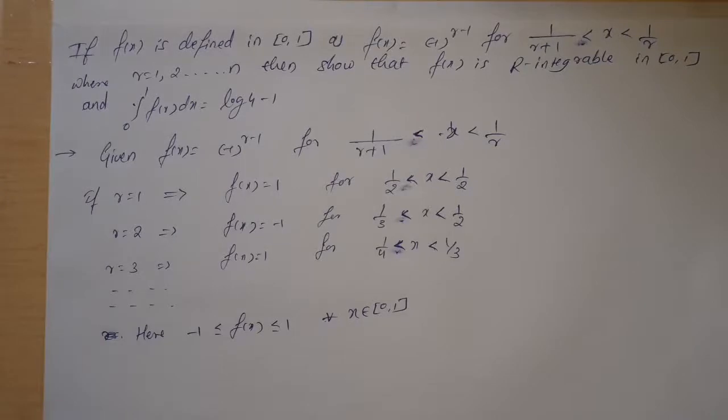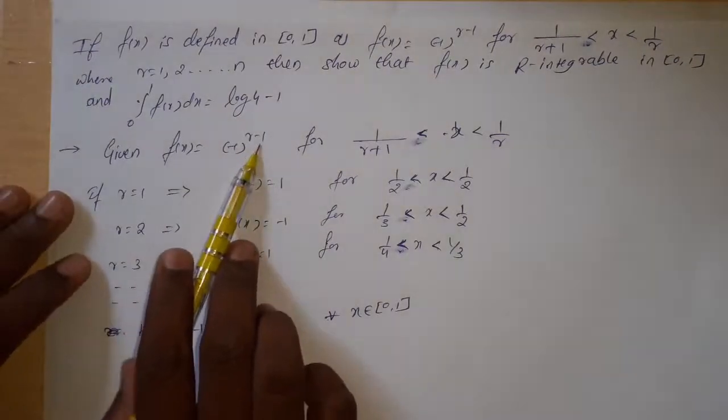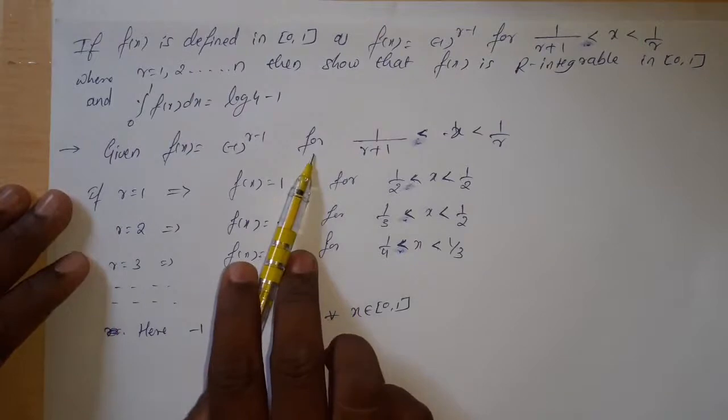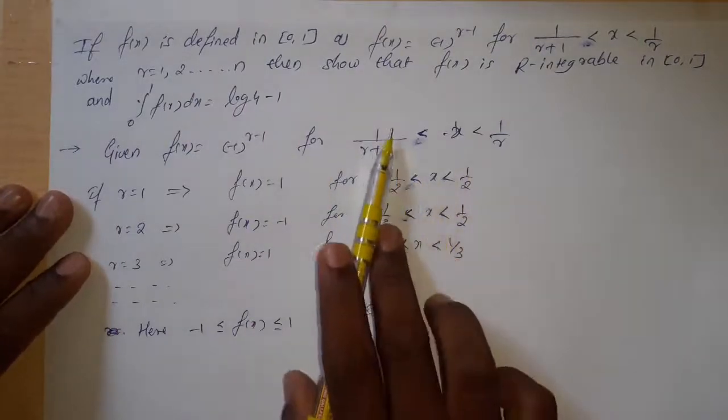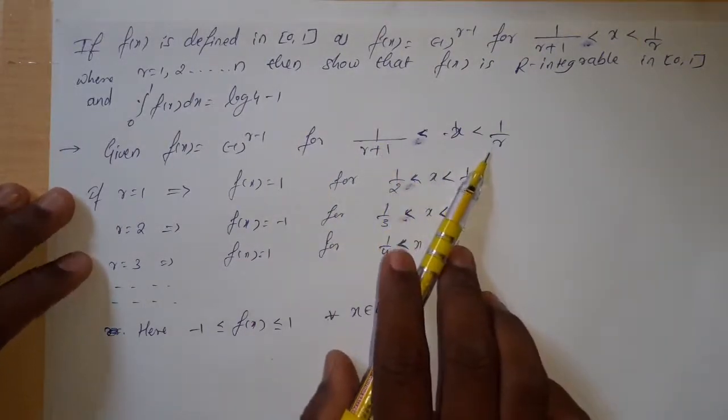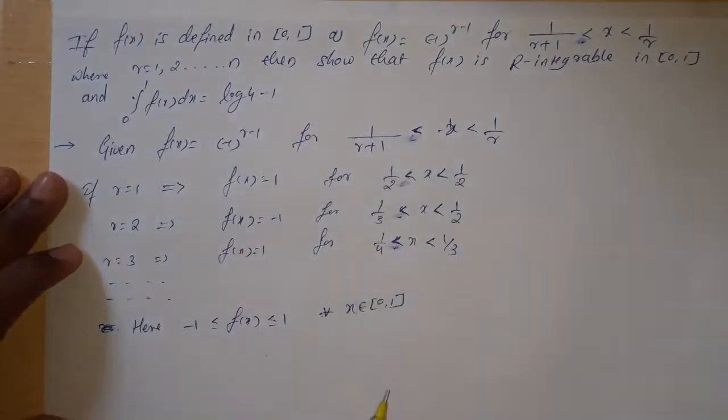So here given that f of x equal to (minus 1) whole power r minus 1 for the values of x lying between 1 by r plus 1 and 1 by r. Now go on substituting the values of r.